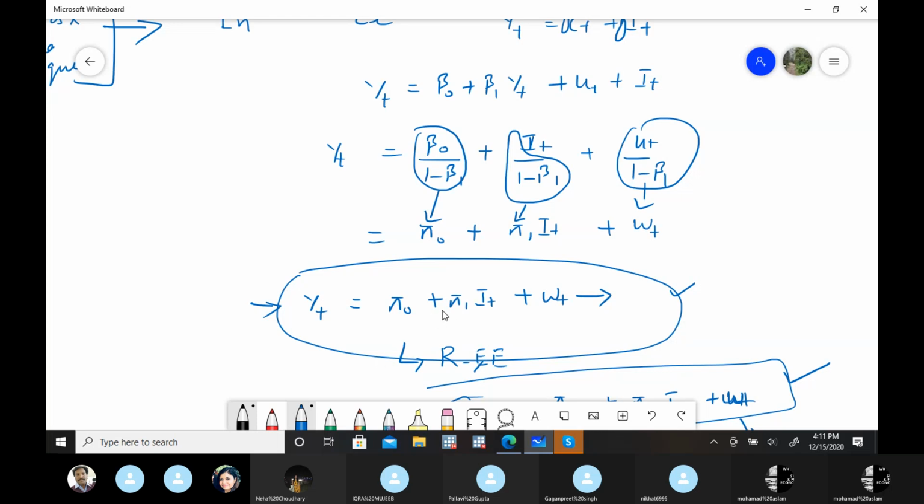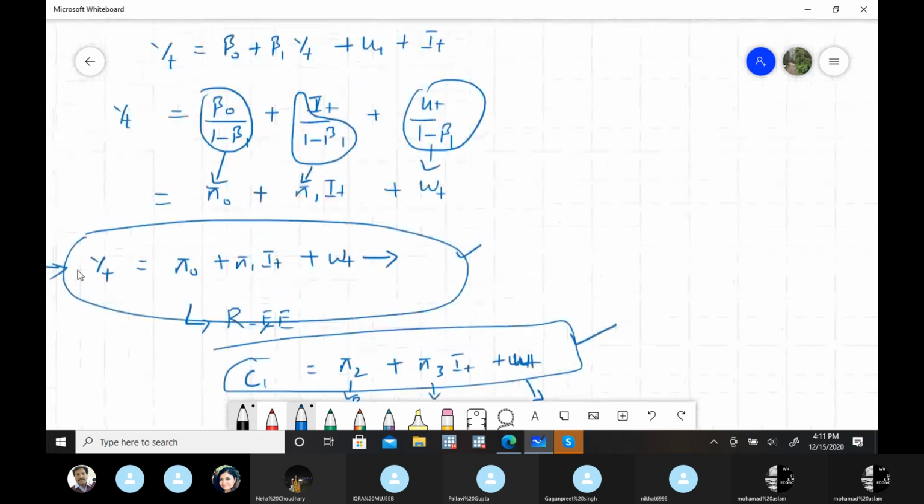Let's suppose we run a regression in this particular equation. हमारे पास कौन सी value? Software will give us values for pi 0 and pi 1, right? And what are the values for this? Pi 0 is beta 0 upon 1 minus beta 1, and pi 1 is 1 by 1 minus beta 1.